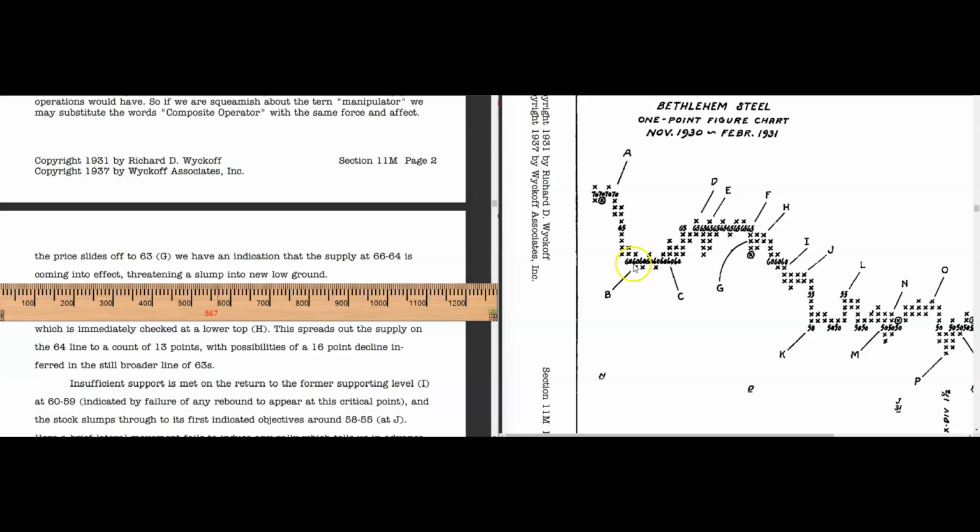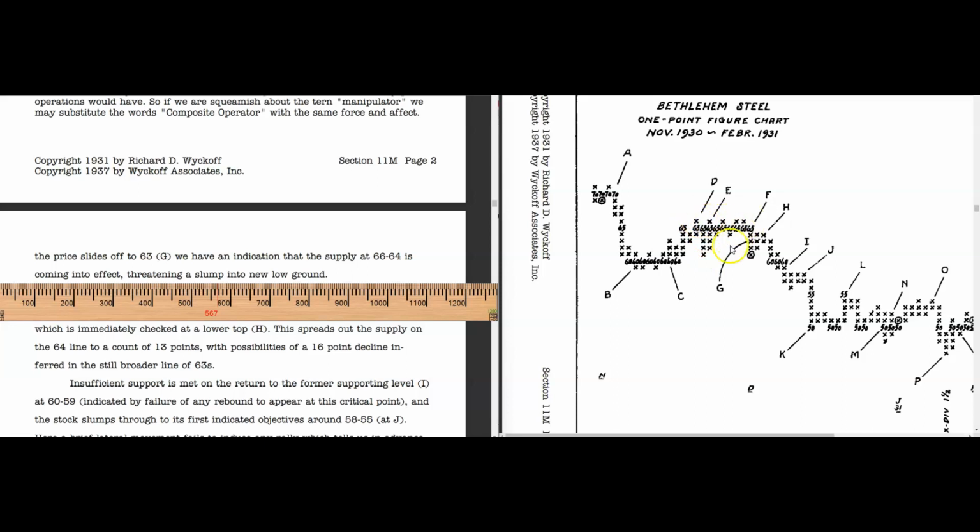So if you include the spaces, you have 4, 5, 6, 7, about 7. All right, now what he's doing is he's just taking these counts across these lines of accumulation and projecting. So he has two projections, one from the low at 59 and the other from the high at 60. So then what happens? It eventually goes to about 66, which is about halfway back, dips, comes right back up.